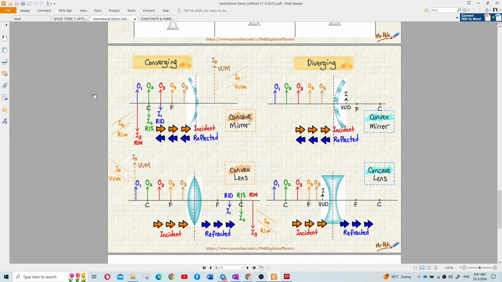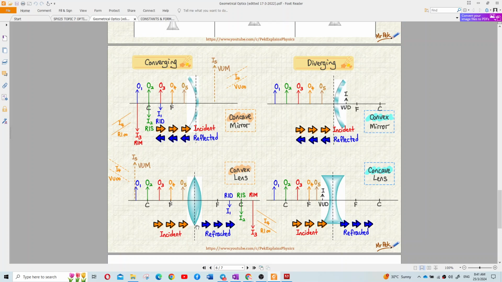The top one is mirror, below is the lens. For mirror, the light is reflected. Incident ray, reflected ray. The light cannot pass through. But for lens, the light passes through to the other side.